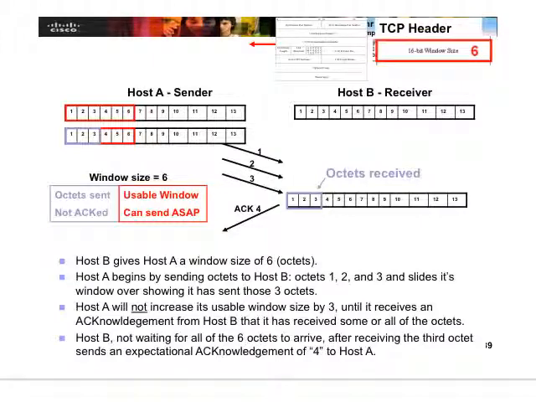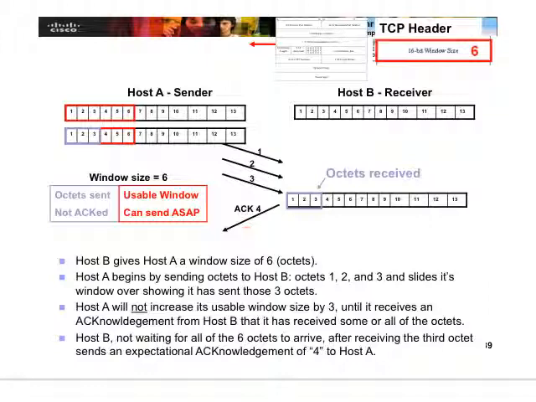Now I have to read the acknowledgement number and slide the window based on this acknowledgement number. This is very important. Just the fact that I sent 3 bytes doesn't mean that the receiver has received all the 3 bytes.